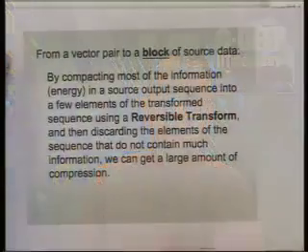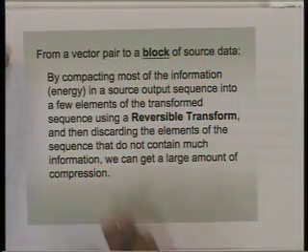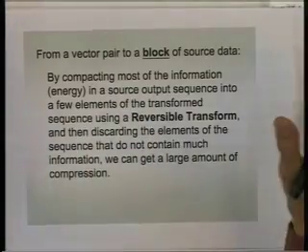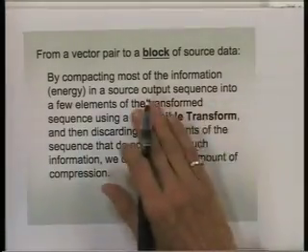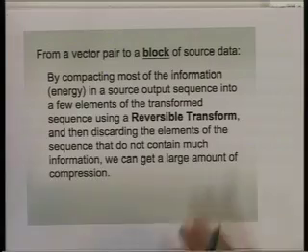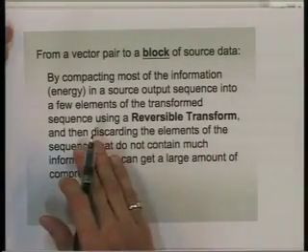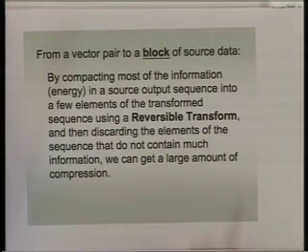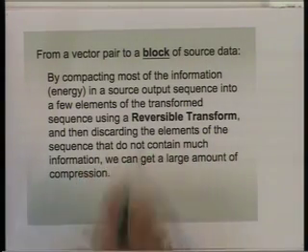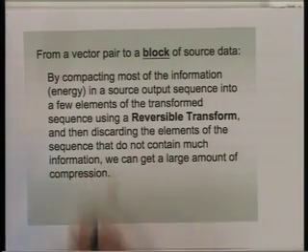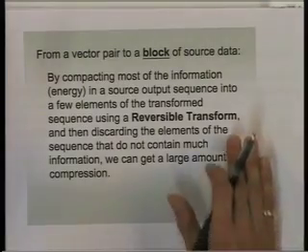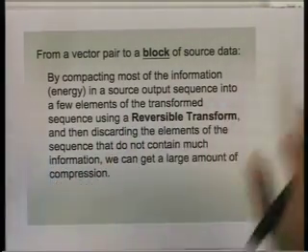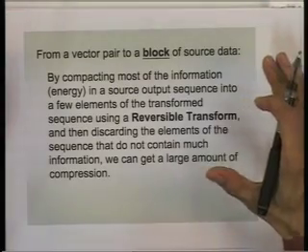By compacting most of the information or energy in a source output sequence into a few elements of the transform sequence using a reversible transform, and then discarding the elements of the sequence that do not contain much information, we can get a large amount of compression. So, this is the idea behind transform coding.